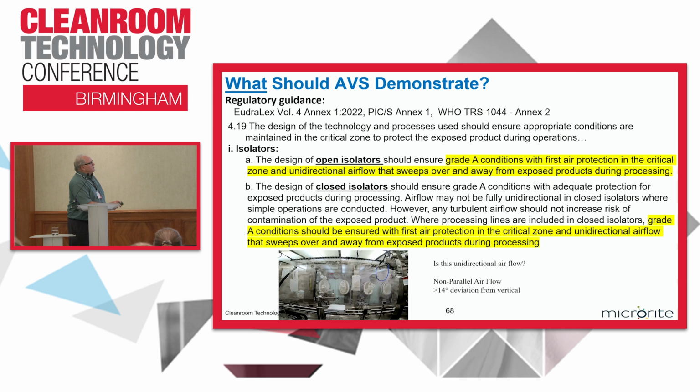Design of closed isolators should ensure grade A conditions with adequate protection for exposed products during processing. Where processing lines are included in closed isolators, grade A conditions should be ensured with first air protection in their critical zone and unidirectional airflow that sweeps over and away from the exposed products during processing.